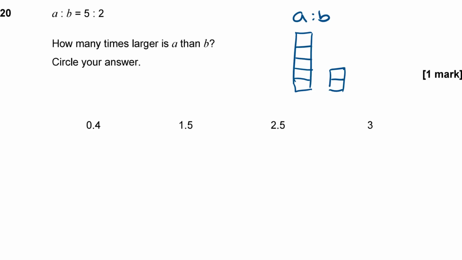Okay. So how many times bigger is A than B? Well, I could take that block of 2 and I can have another block of 2, so that's twice as big, plus another half a block as well. So it's actually 2.5. It fits in 2.5 times.